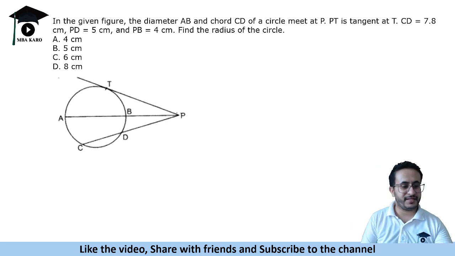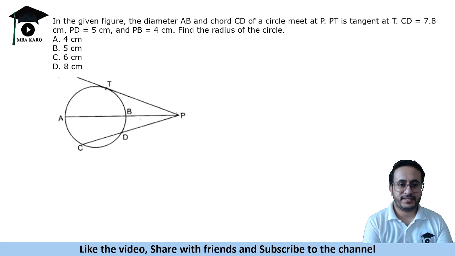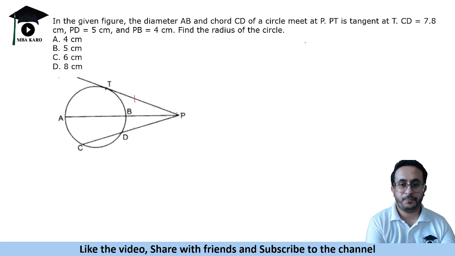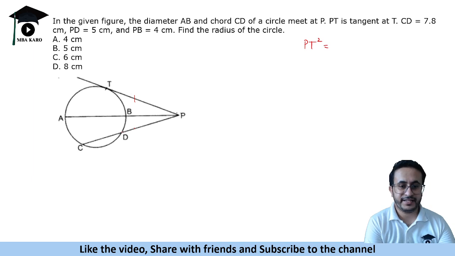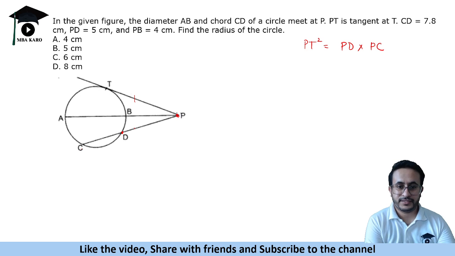Let's look at the theorem and see what it actually means. When we have a tangent and a secant, let's say this is the tangent and this is the secant. The tangent secant theorem says that PT square will be equal to any secant, P to D into P to C, the starting point to one end point and to the other end point.